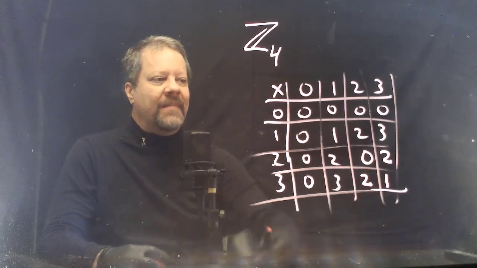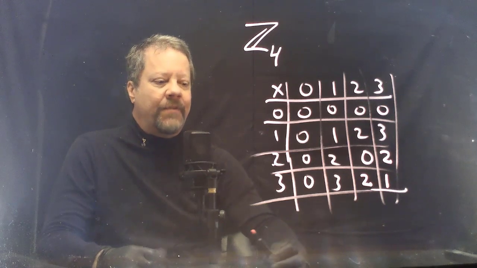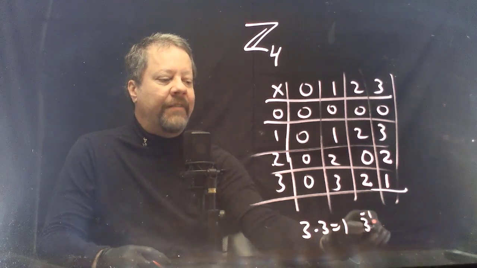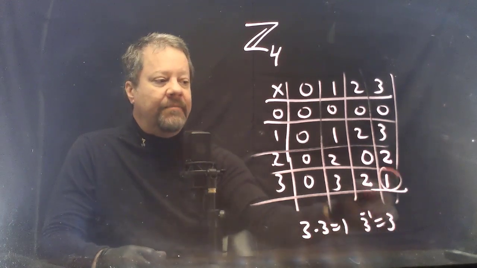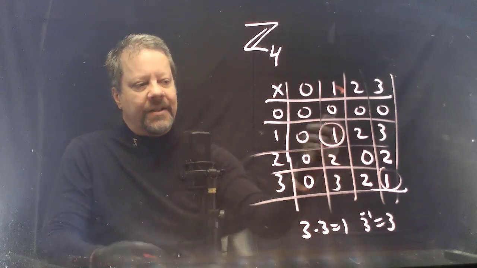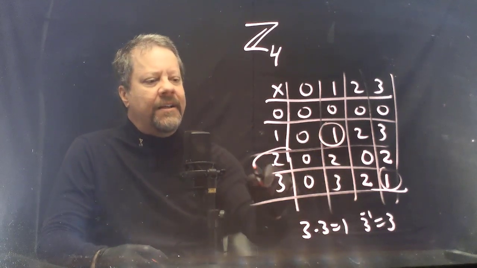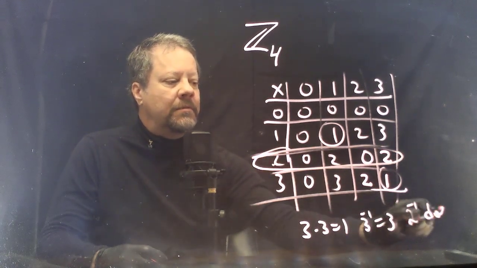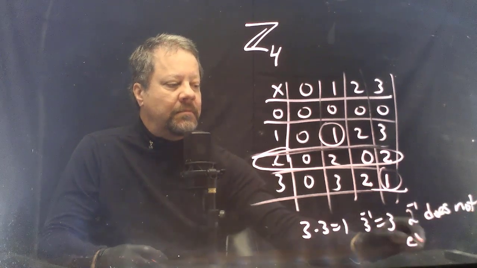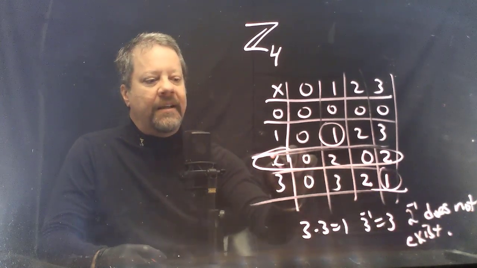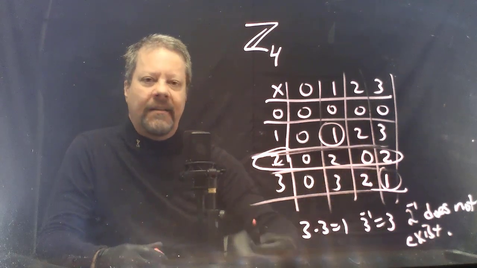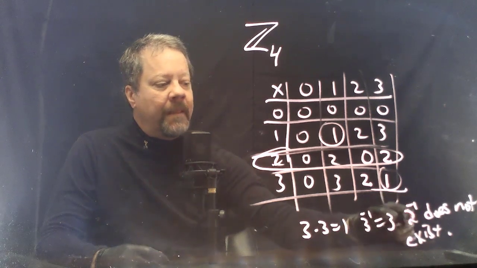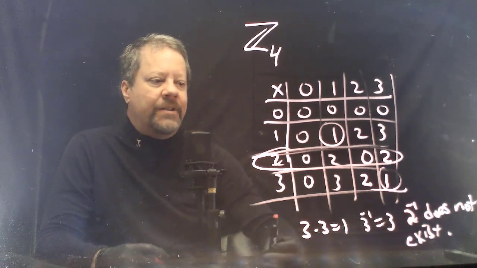That's 1. So 3 times 3 is 1 in Z4, so the multiplicative inverse of 3 is 3. But 1 is, of course, its own multiplicative inverse. There is no multiplicative inverse for 2, because there's nothing in Z4 that you can multiply it by that gives you 1. So, in other words, multiplicative inverses in Z4 don't exist for every element.